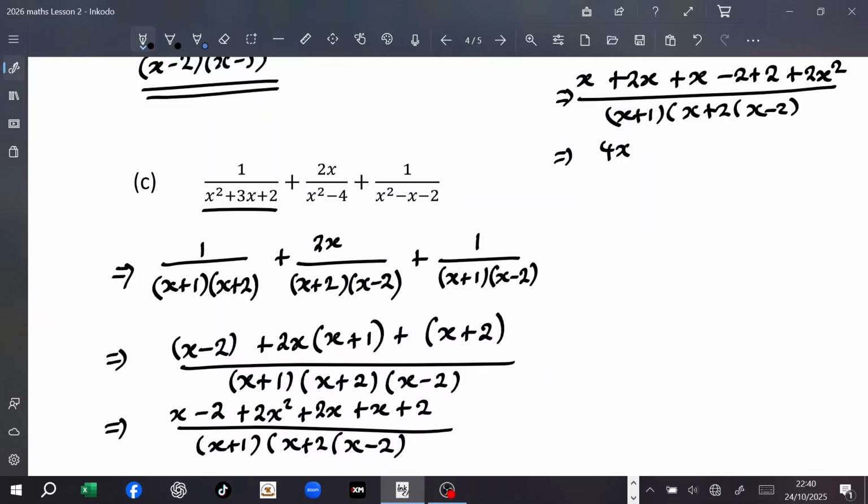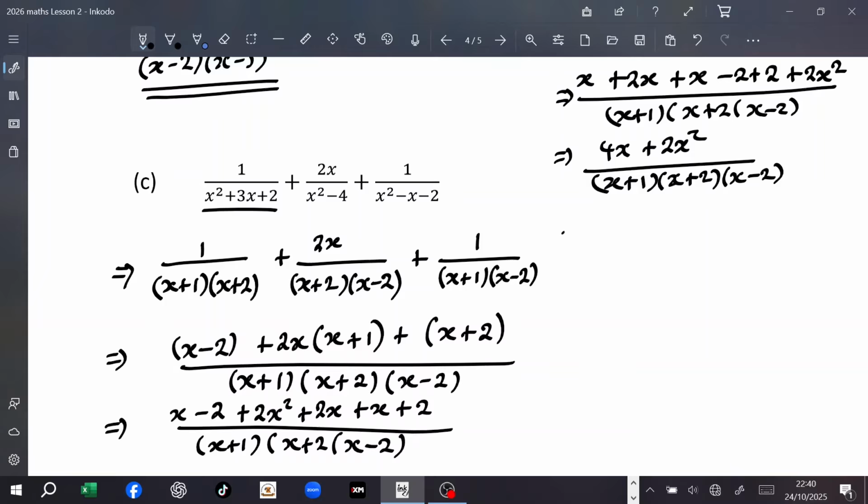So remain with plus 2x squared. Over down here we remain with x plus 1, then x plus 2, then x minus 2, open brackets.